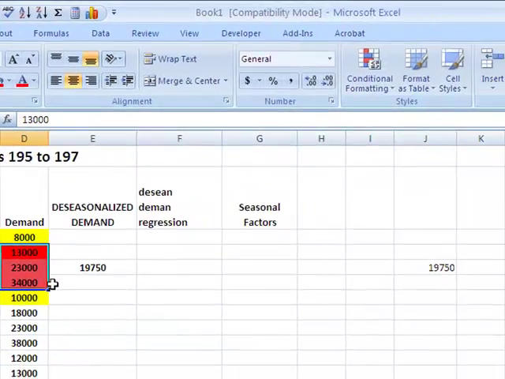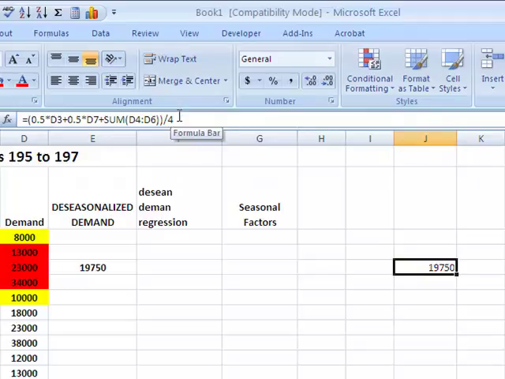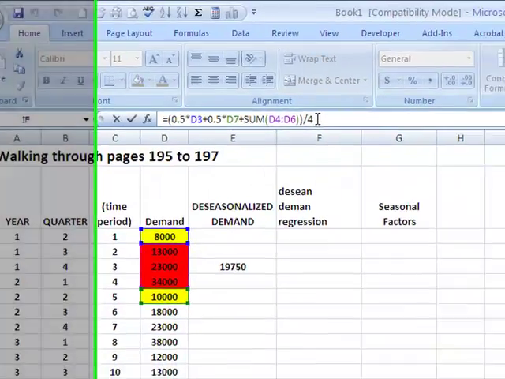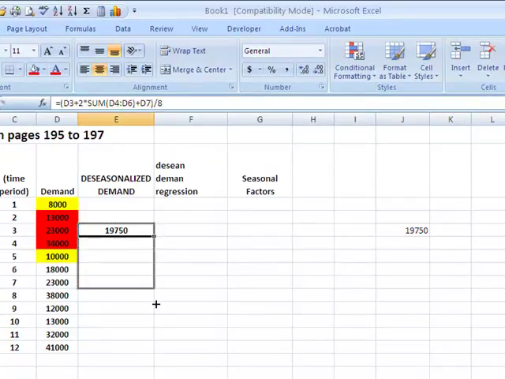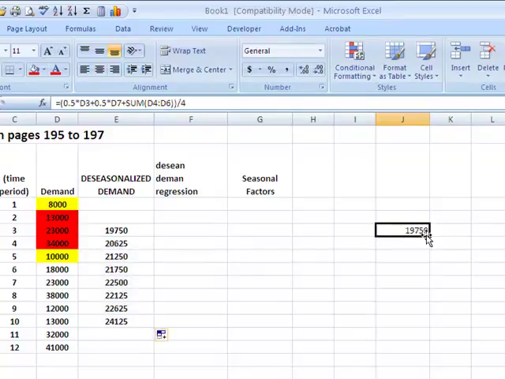So using this method that I have, you get the same number as the authors do, but it's easy to remember that you're always dividing by 4, or in this case 4, or always you're dividing by the number of seasons that you have in your analysis. So I can copy each of these formulas down, it doesn't matter, and you should get the same answers. Of course, you will get the same answers.